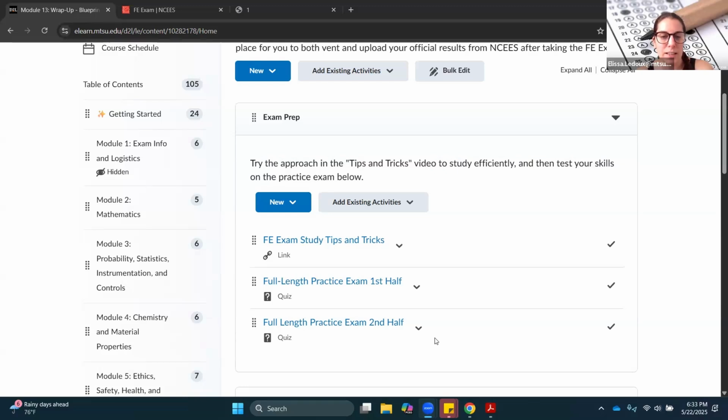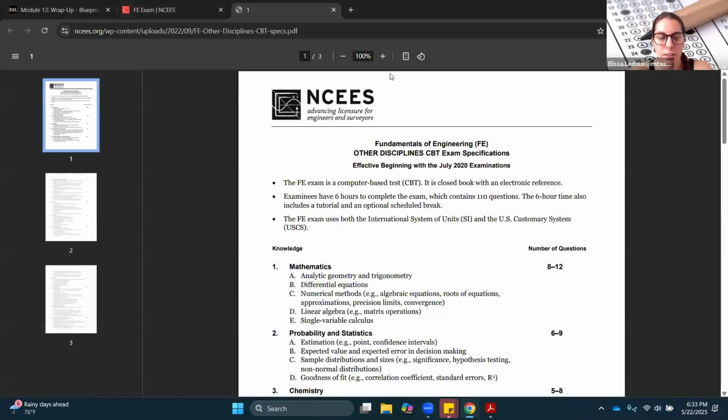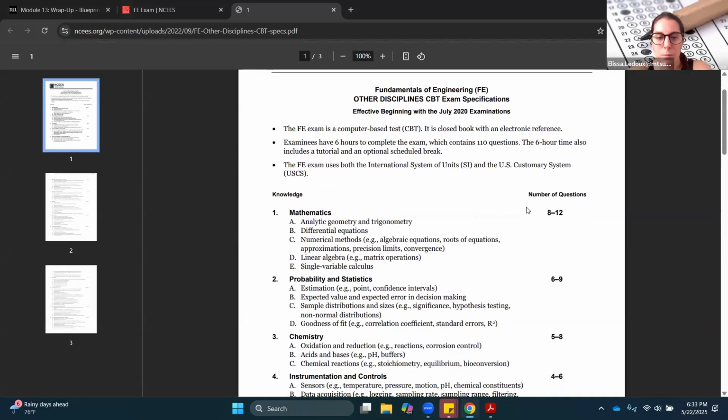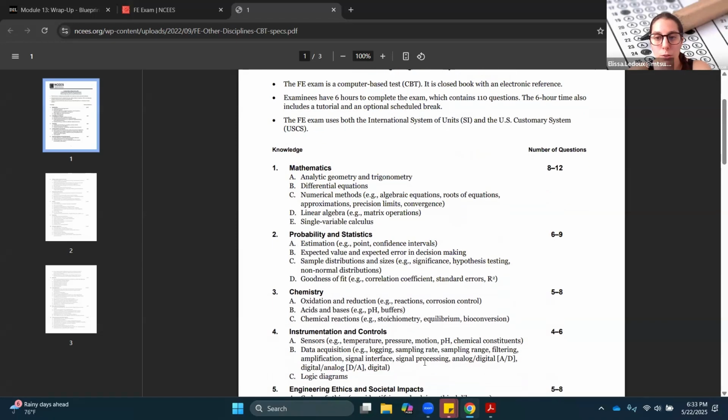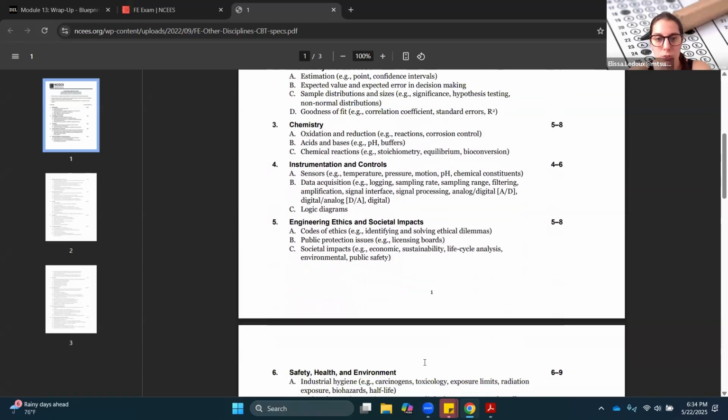And remember that you need to get about a 70%, or 77 questions right out of the 110 questions, in order to pass. Now, a really helpful way to study efficiently is to go through the exam specifications and make sure that you can work problems in all of these chapters, in order to go a little bit faster if you are short on time.